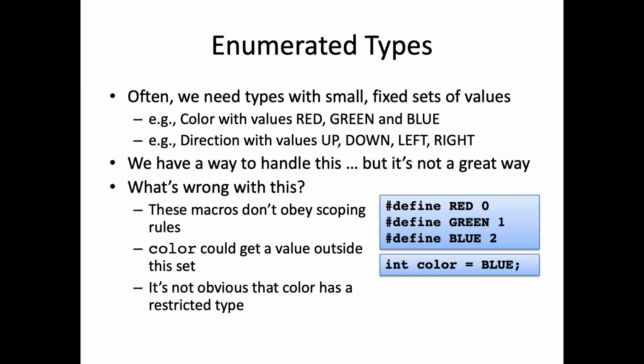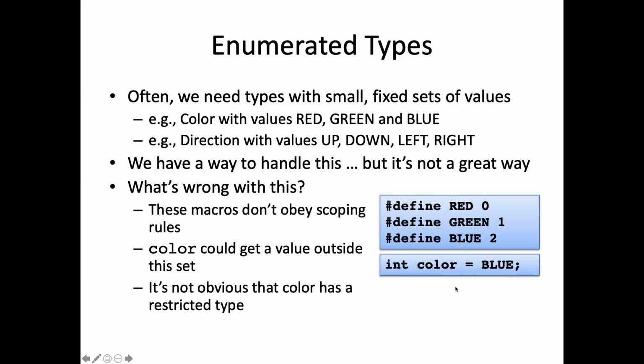And this works fine. Lots of people code things this way. The problem is, if you represent enumerated values like this, the compiler doesn't really know what you're trying to do. It doesn't know that red, green, and blue go together, and that color should only have one of these three values. As far as the compiler knows, color's just like any other int.